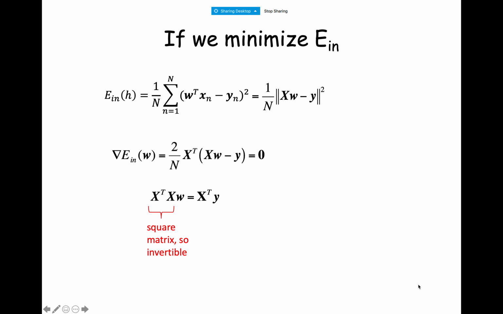Wonderful. So if it is invertible, we can left multiply by the inverse, and in doing so, we can get the left-hand side of this expression, this X transpose X will go to identity, isolating this W. Okay? So we're going to do that.